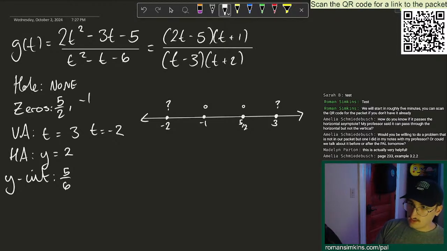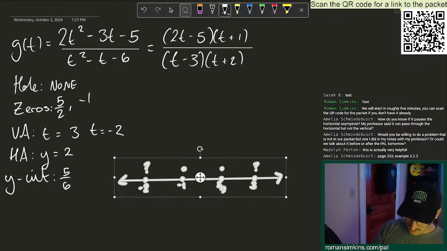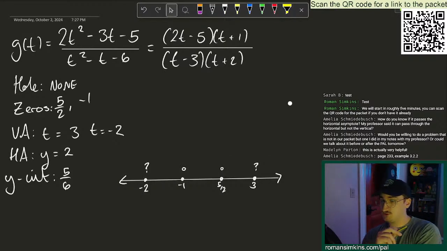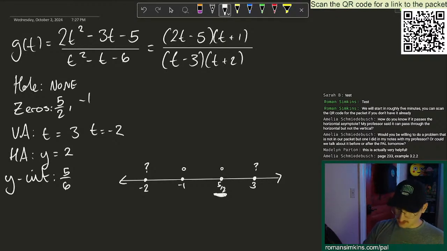And so now we can start drawing the lines on this, and what you might notice is that every single term is associated with a positive linear line. Now, the one that might be a little questionable is this point right here, 5/2, because it comes from the term 2t minus 5.